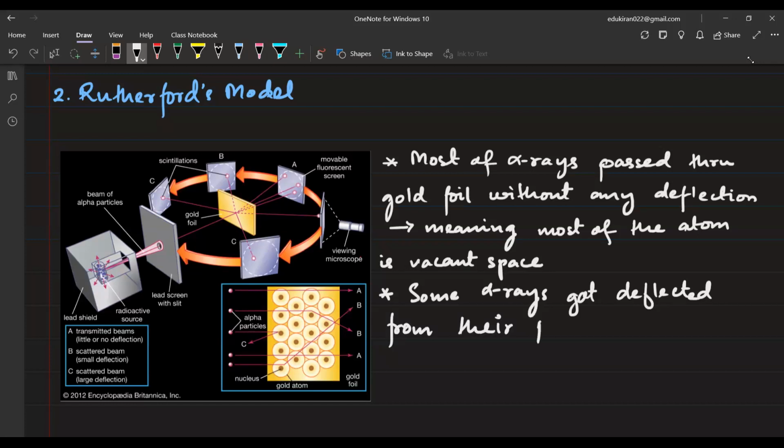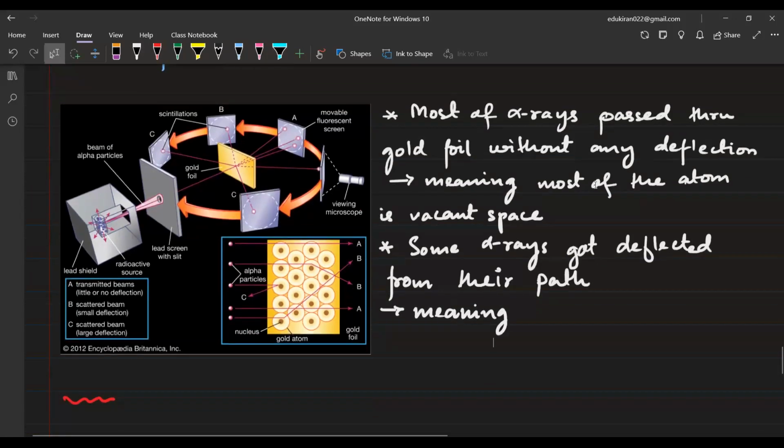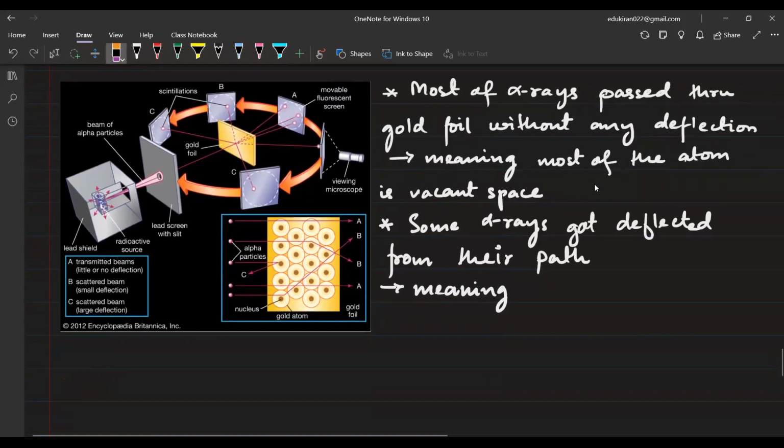From their path. Meaning atoms have positively charged.